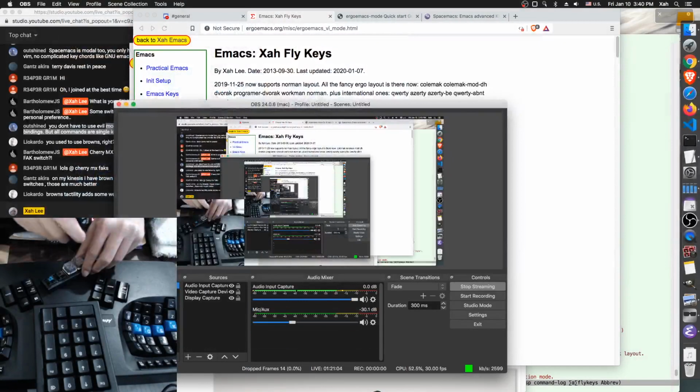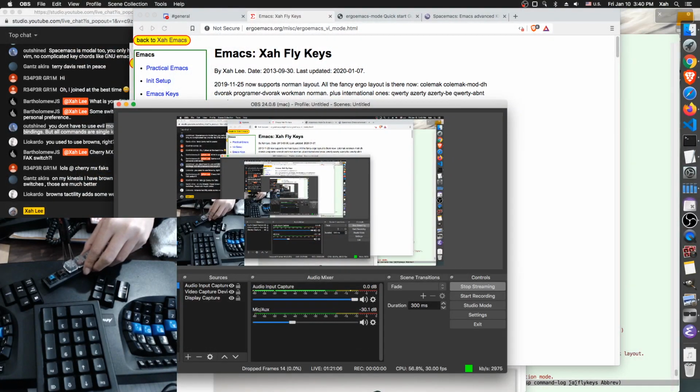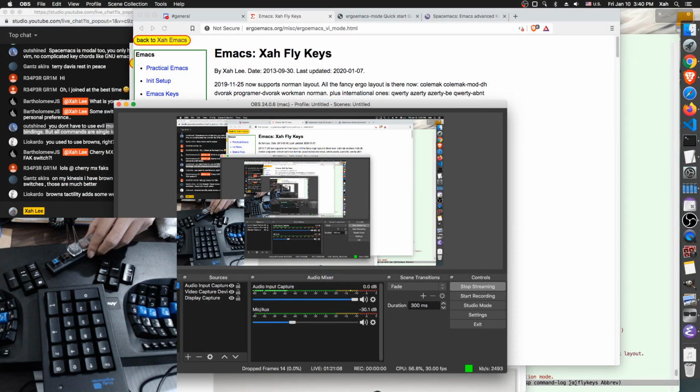You pull it off, that's brown. You pull this off, so that's red. So that's black. Black is like red, strong resistance, but smooth. So this is red, very smooth.